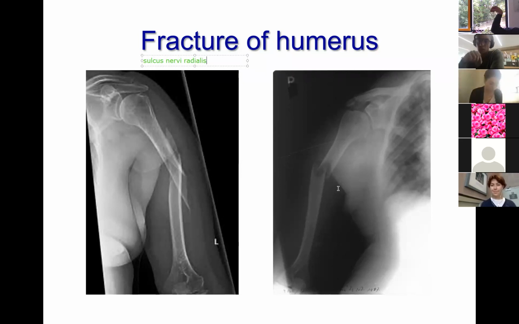I don't know if you can see it, but this should be a swan on a lake. So in Czech language, it's called swan neck palsy. In English, it's called only a dropped hand. But there's a poetry in that you can see a swan. So please remember: fracture of the shaft, sulcus nervi radialis, entrapment of radial nerve.